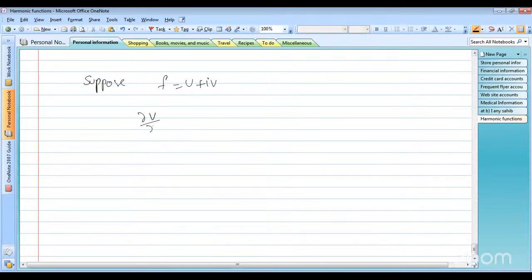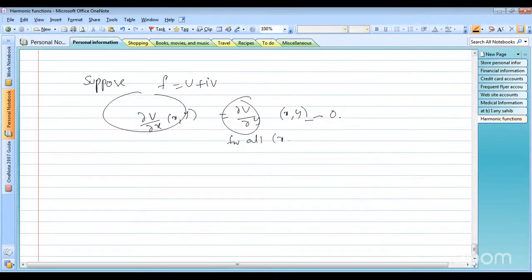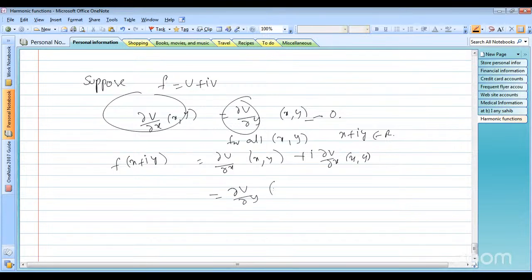So ∂v/∂x is equal to 0, and ∂v/∂y is equal to 0 for all x, y such that x plus iy belongs to R. By the Cauchy-Riemann equation, f'(x plus iy) is ∂u/∂x(x, y) plus i times ∂v/∂x(x, y), or ∂v/∂y(x, y) plus i times ∂v/∂x(x, y). So both the values are 0.